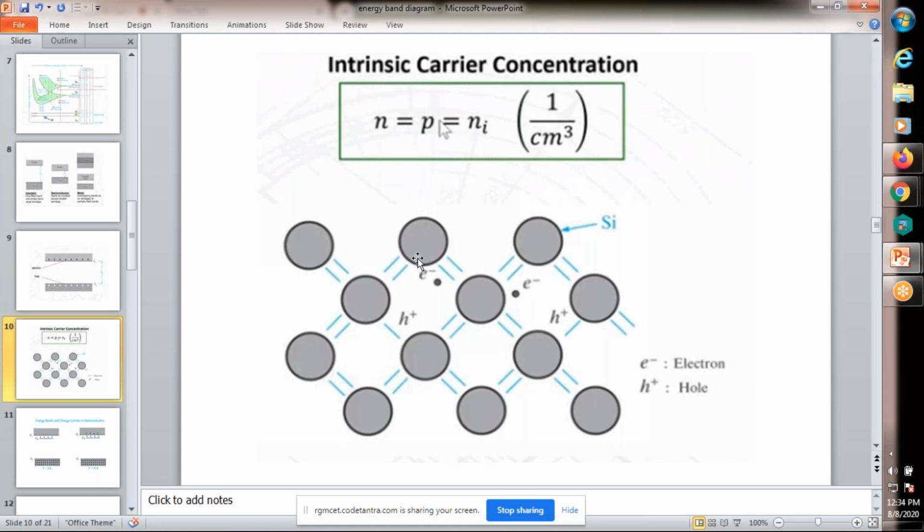Even as temperature increases, if an electron comes out of the covalent bond, it acts as a free electron, and the empty space is treated as a hole. So in this figure, total electrons equal 2 and total holes equal 2.